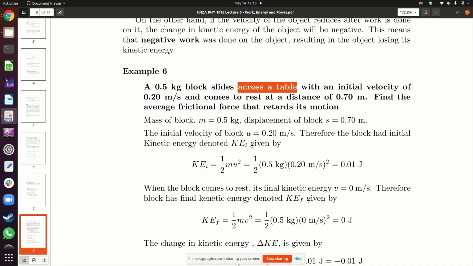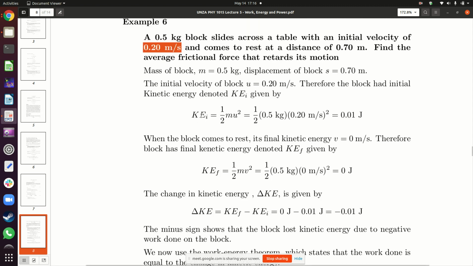As our object is sliding with initial velocity 0.2 meters per second, and we are told it comes to rest, its final velocity is going to be 0 meters per second, and during this time it covers a distance of 0.7 meters. So we can work out the initial kinetic energy and also the final kinetic energy.